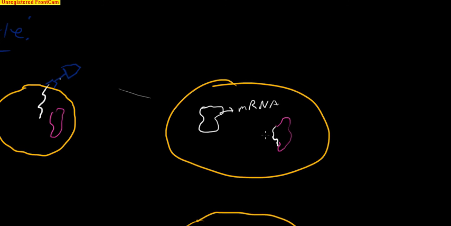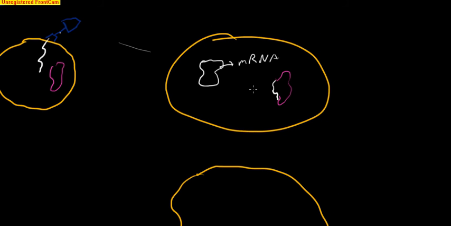So what happens is the messenger RNA that was created in the second step is going to be processed into proteins. As the cell performs protein synthesis, it's going to read along and make its normal enzymes and proteins and all that good stuff.